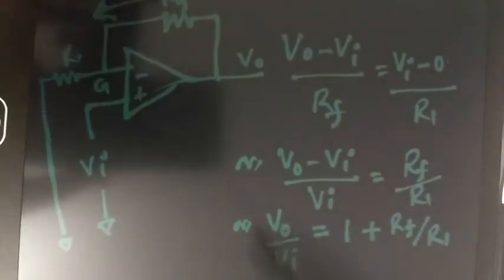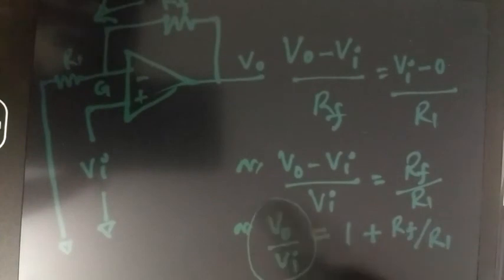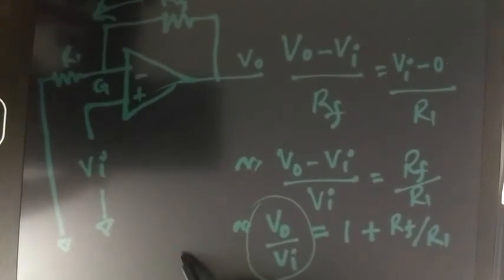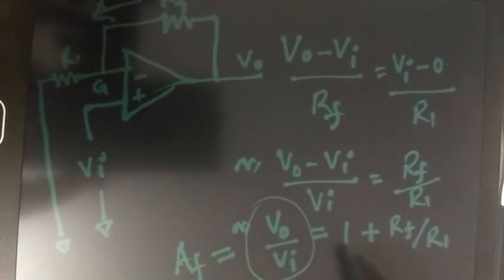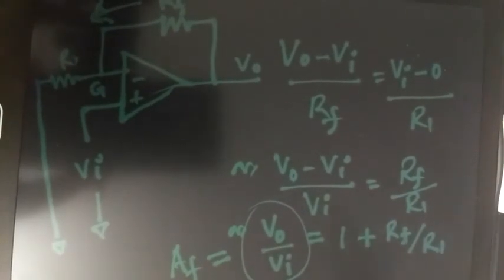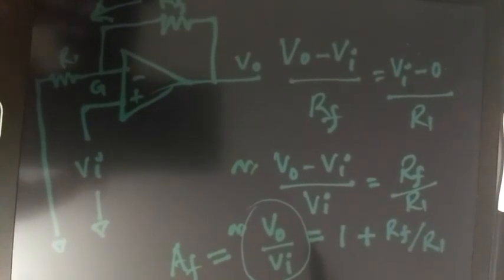So this is actually the gain, that is V naught by Vi. This gain can be represented in the format, say, AF is equal to V naught by Vi is equal to 1 plus Rf by R1. So the gain with feedback is given in this format for a non-inverting amplifier.